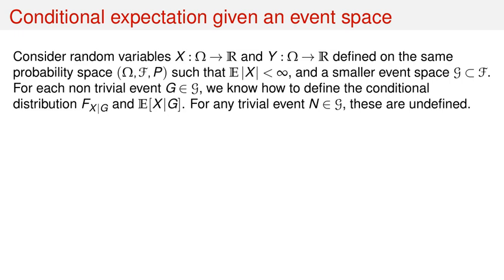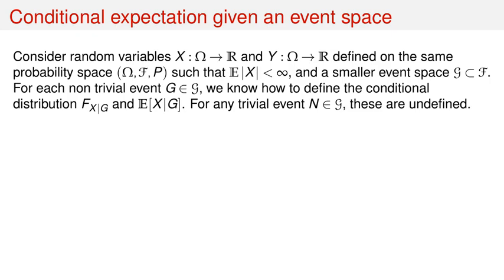Consider two random variables, X and Y, mapping Omega to the reals, defined on the same probability space (Omega, script F, P). Assume that X is integrable, meaning the expectation of absolute X is finite.